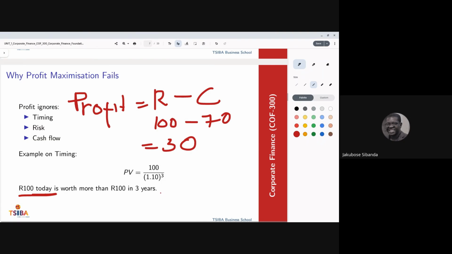So that would be true, because in 3 years, that 100 rand would have been eaten by inflation. So it is worth more.